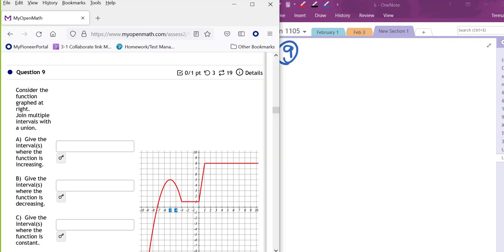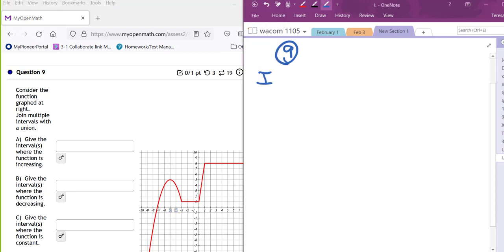And so this piece is increasing from negative infinity to, let's see, -1, -2, -3, this is -4, this is -5. So from negative infinity to -5, because you use the x values and use parentheses, all right?